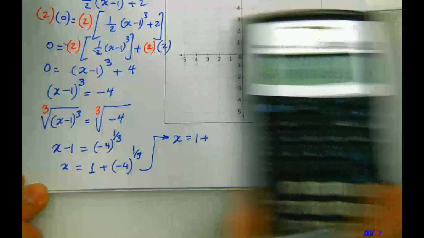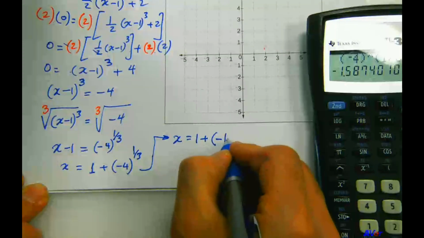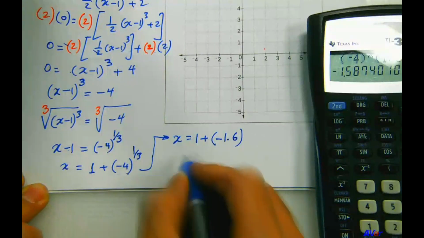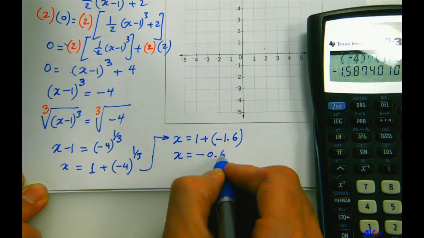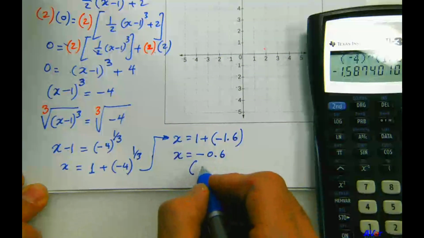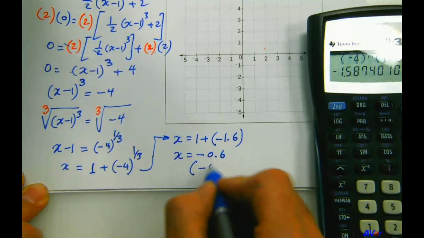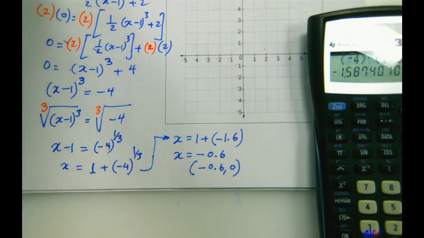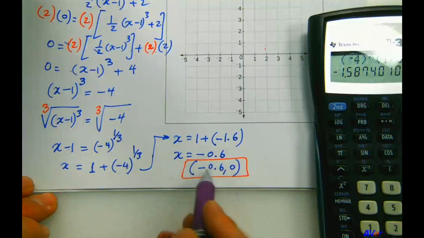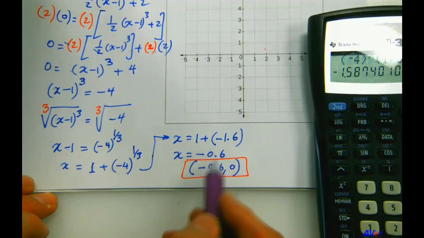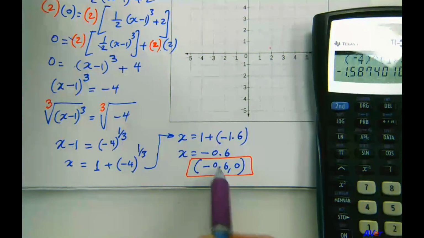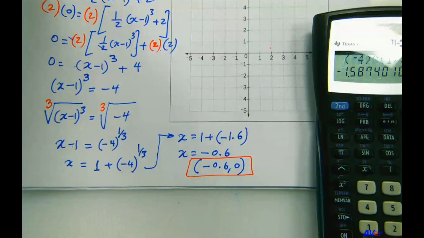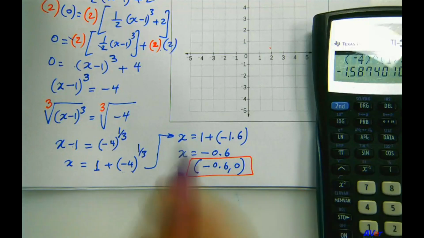So 1 plus minus 1.6, and then x would be equal to minus 0.6. So the x-intercept is minus 0.6 comma 0. Please keep in mind that I rounded things there, so this might be a little off, but not much, with the number that we'll see on the computer in a minute. But that's the x-intercept.